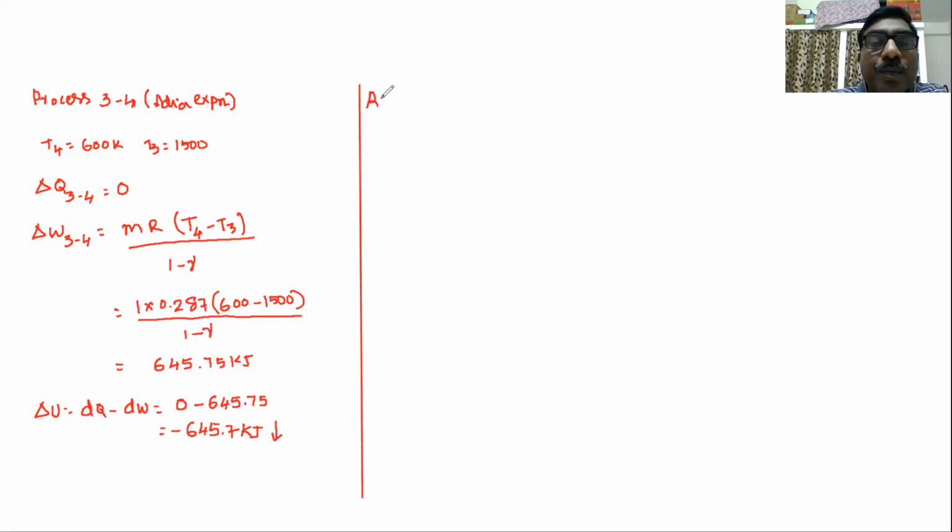process 4 to 1. This is the constant volume process. So here, what is the delta Q?